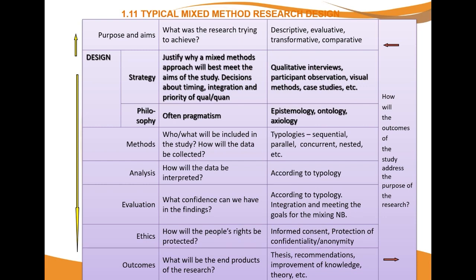Your methods are often a very fixed design: sequential, parallel, concurrent, and nested. Go and read up, and understand which methods you will use. Understand that mixed methods are very popular today. They are very well used, but they are time consuming. They are a bit more expensive. And there are typologies for them.